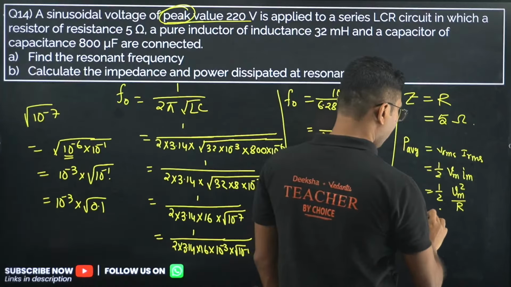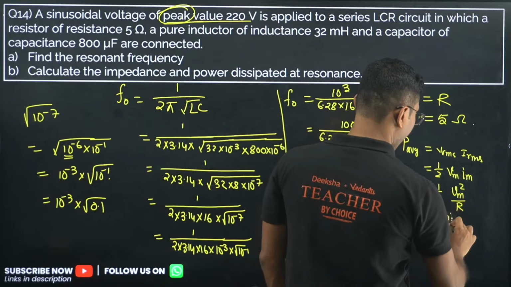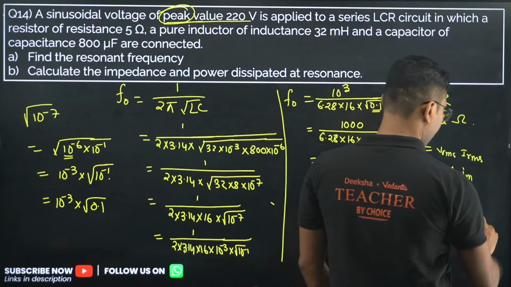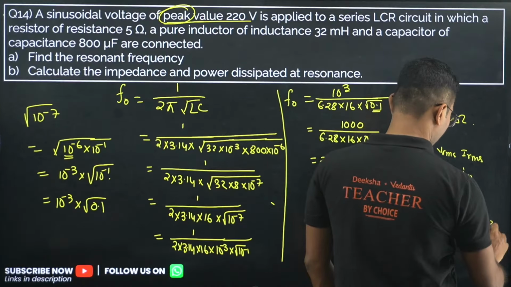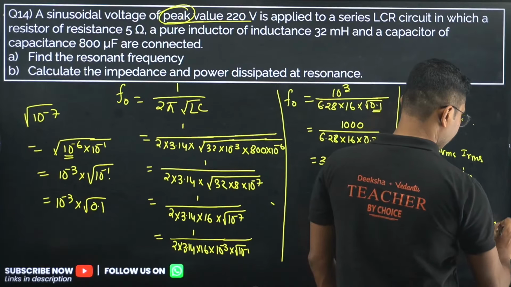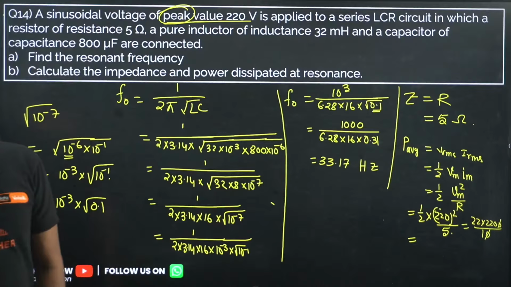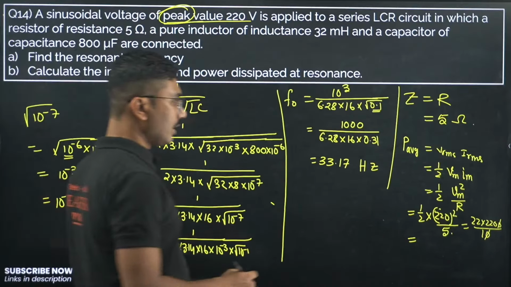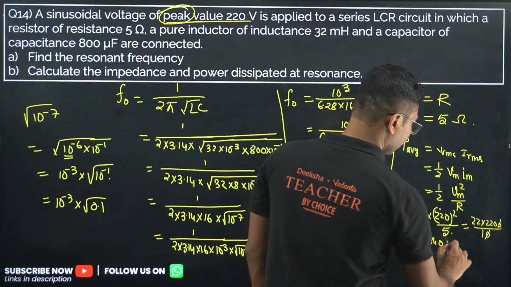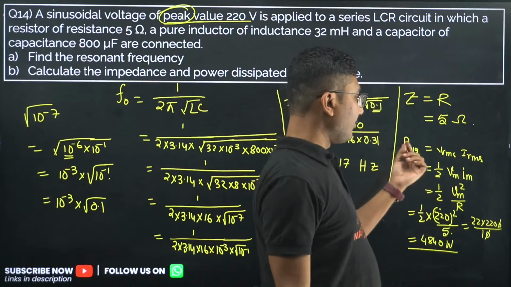So it will be half of Vm, 220 square, divided by 5. That will be 22 into 22, 1 2 zeros divided by 10, so the zeros cancel, and 22 into 22 is 484, so 4840. Why is it not simply V square by R?